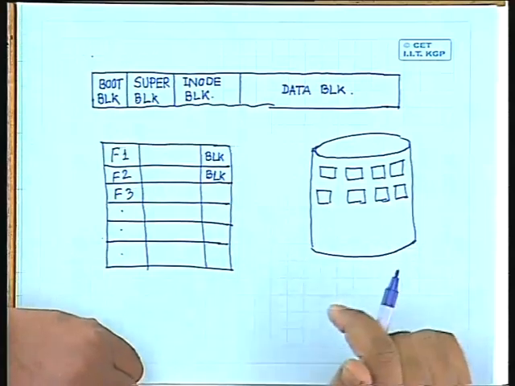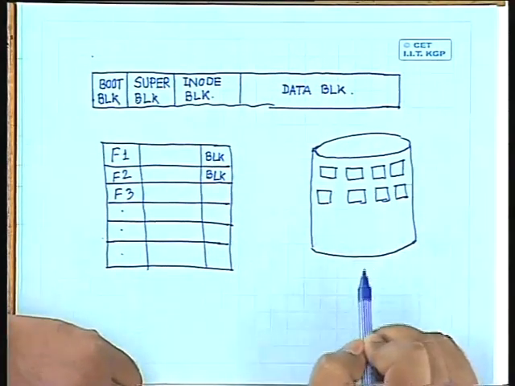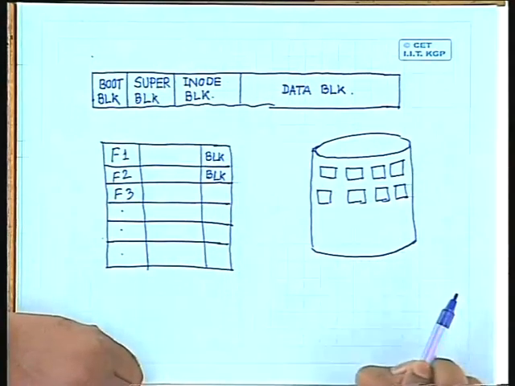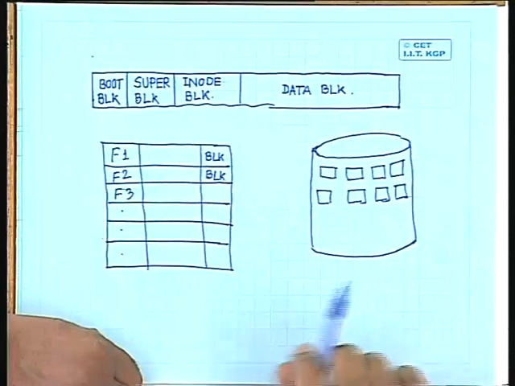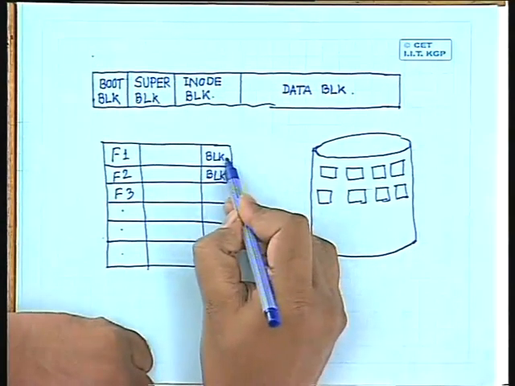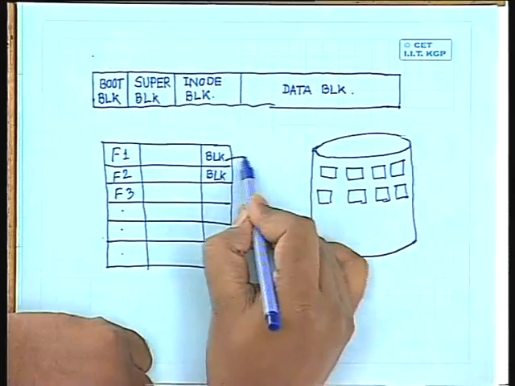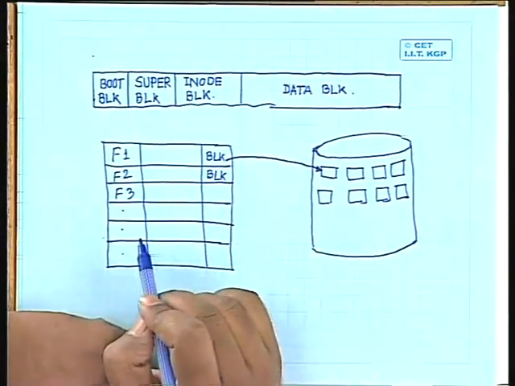So to avoid that problem, what can be done is, even these blocks can be maintained in the form of a linked list, or I will have a chain of blocks, may not be contiguous, which will contain the file data. So in such case, this block number which is there in the file allocation table or the file map table points to the first block containing the file data.